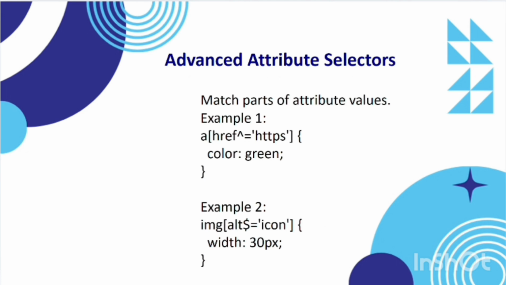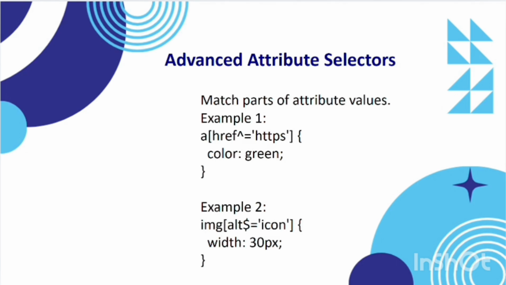Now we are moving to advanced attribute selectors. a[href^="https"] open curly brace, color green, which means all links that start with https will be in green color.